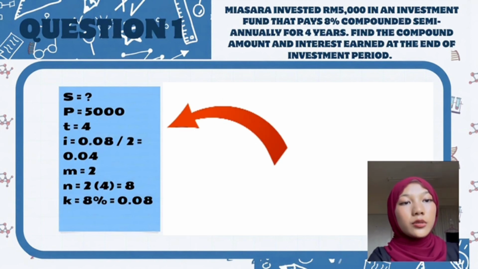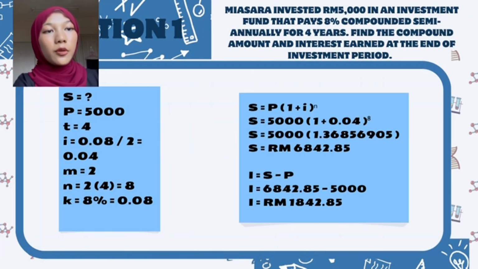So we need to find the compound amount, which is S. Second, use S equals P times (1 plus I) raised to the power N as the formula, and then replace it with what has been given. After solving, the answer is S equal to RM6,842.85. Then, replace it in I equals S minus P to find the interest: 6,842.85 minus 5,000 equals RM1,842.85.